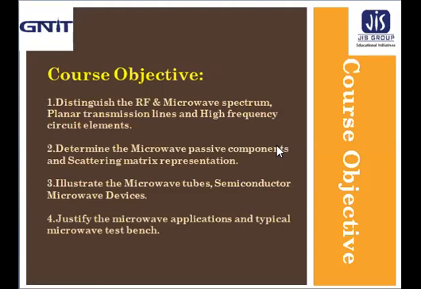The course objectives are to distinguish the RF and microwave spectrum, planar transmission lines, and high frequency circuit elements; determine the microwave passive components and scattering matrix representation; illustrate the microwave tubes and semiconductor microwave devices; and also justify the microwave application and typical microwave test bench.